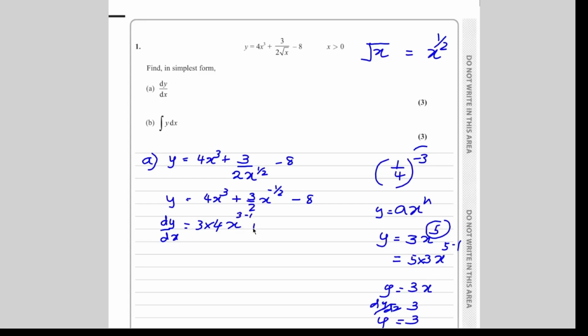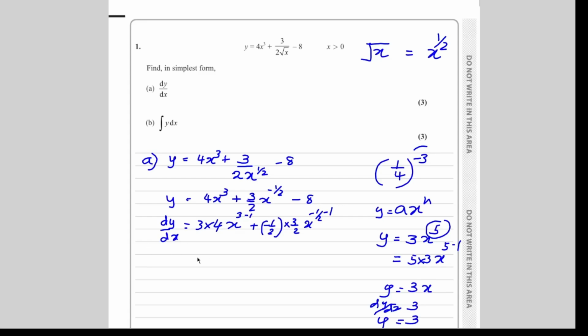All clear. Then minus half into 3 over 2 x to the power of minus half minus 1. Now this is just a number here. It is 0 because we can't differentiate just a number.